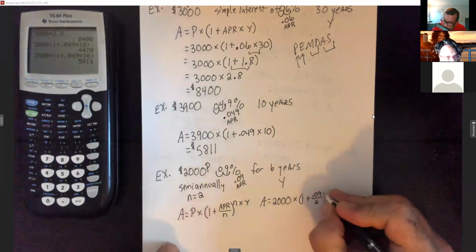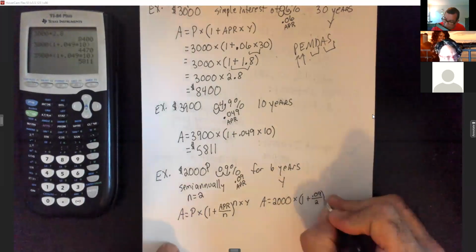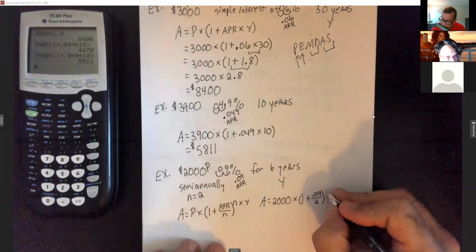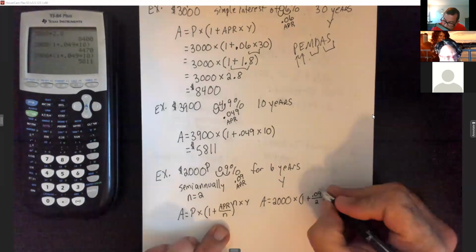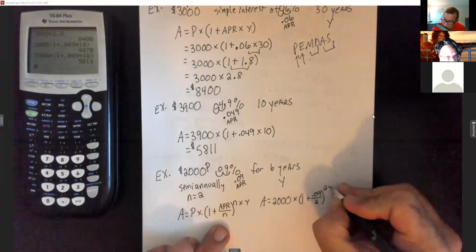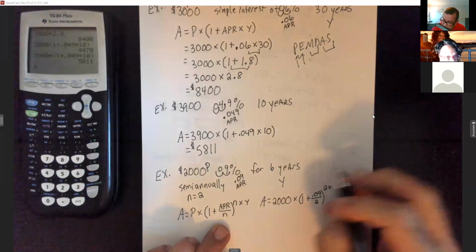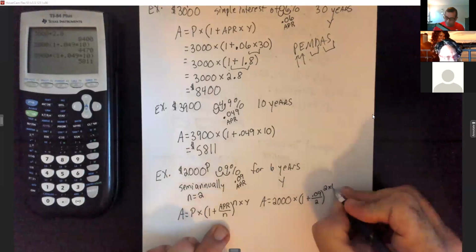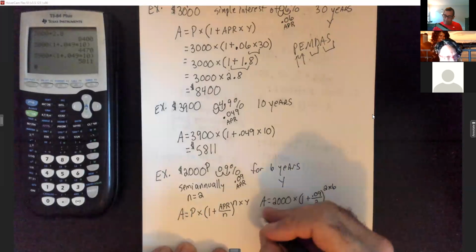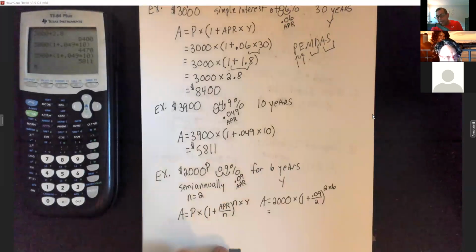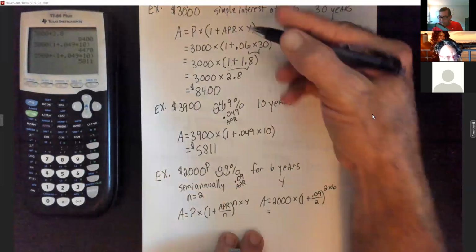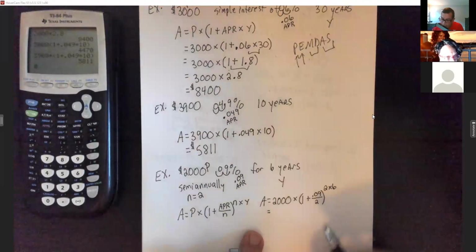All right, you close the parentheses, and then out here you had N times Y, which will be 2 times Y, which was 6. Okay, so like I did this one up here by hand, I'm going to show you how I would do this one by hand, okay?